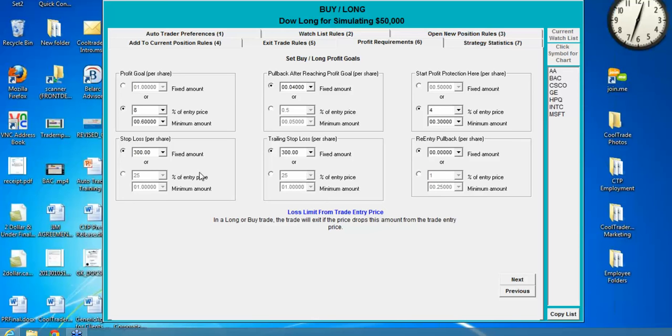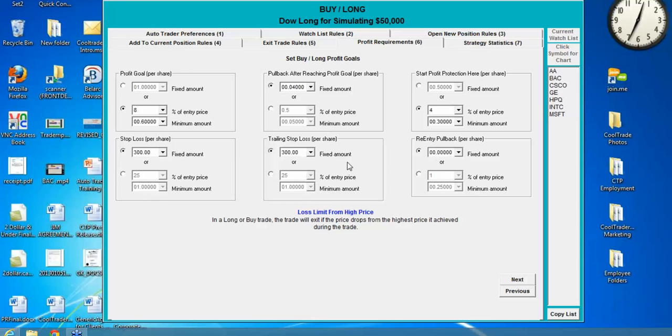We don't use those on most of our strategies because we're trading companies like Microsoft and solid companies that trade in ranges over long periods of time. So if you can identify opportunities that trade in tight ranges over long periods of time, then there's really no need for it. But you can certainly set that. If your strategy requires that, you can use it there. The next feature is the trailing stop loss.